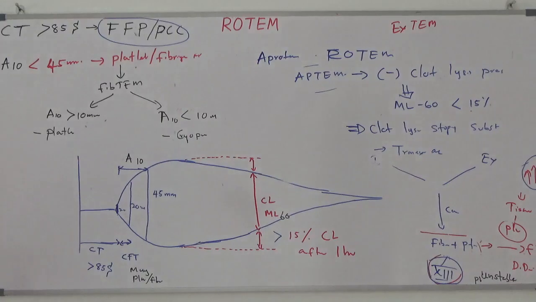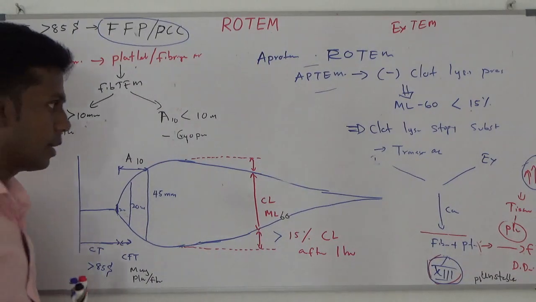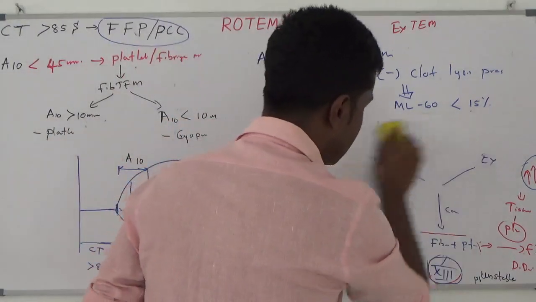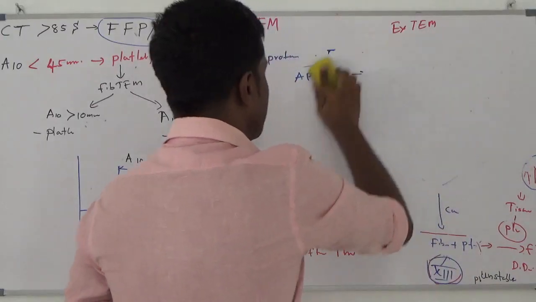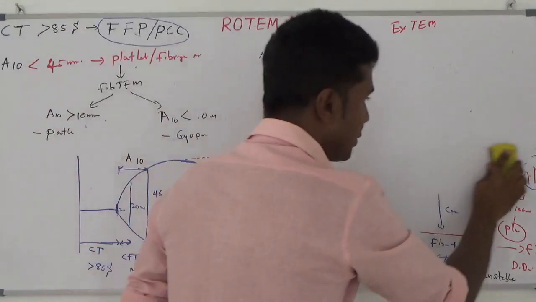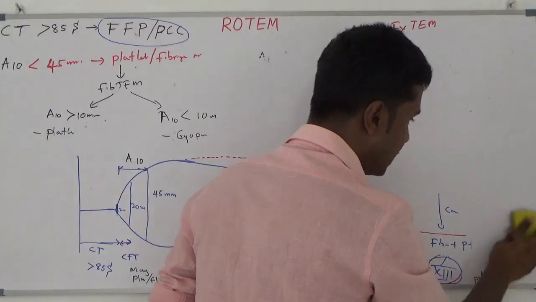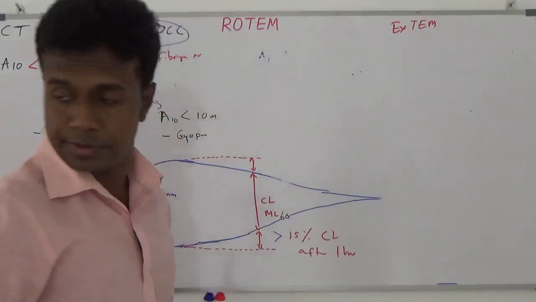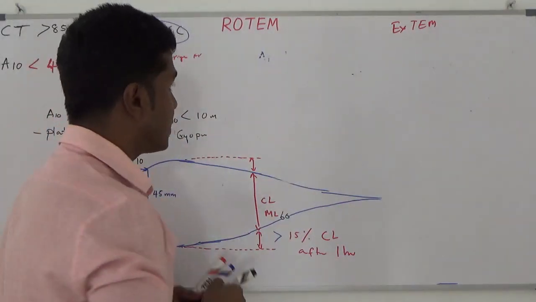Now I am going to tell you about the heparin effect. Heparin usually acts on factor 11, factor 9, mainly related to the intrinsic pathway.